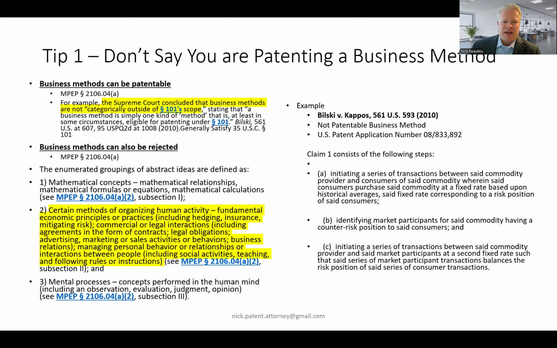So that is clearly saying that business methods are patentable. You can patent some business methods. The difficulty is that they carve out some business methods that are not patentable.